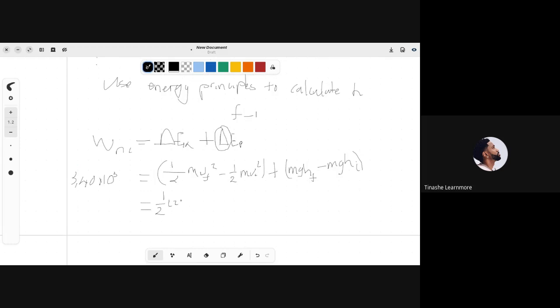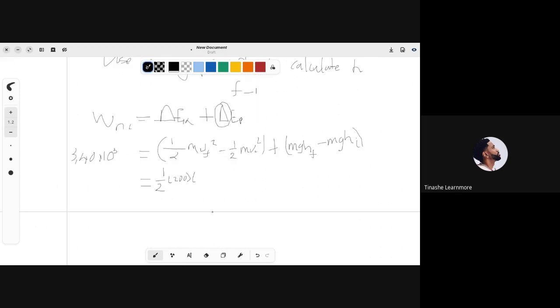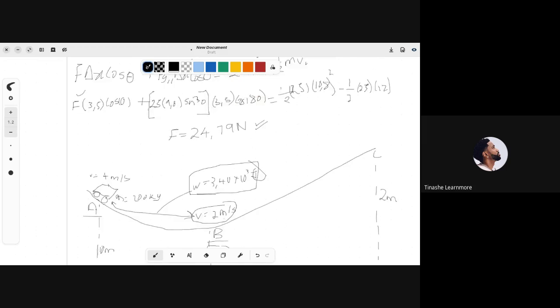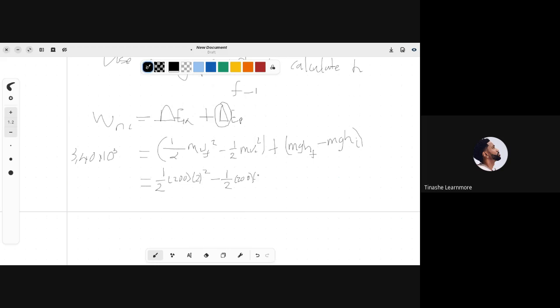And then the final velocity, which is the velocity here, that is 2. Then I have the square, then a half, mass is still 200, and the initial velocity, which was the velocity at A, which is 4 meters per second. So I've got a 4 there, and we still have the square.